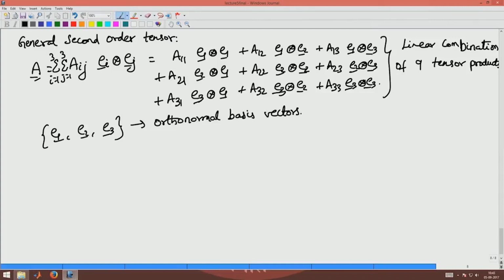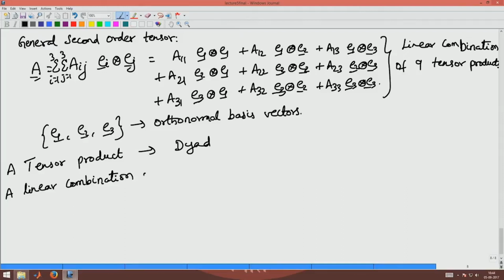By the way, a tensor product is called a dyad, and a linear combination of tensor products or dyads is called a dyadic.